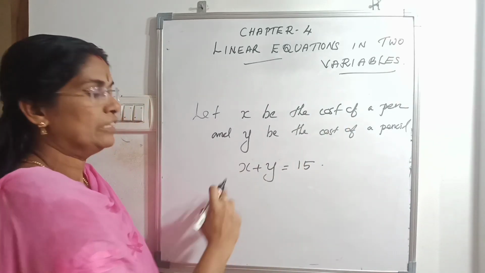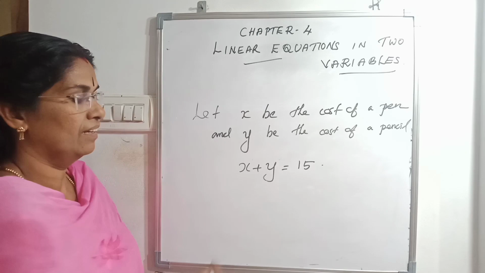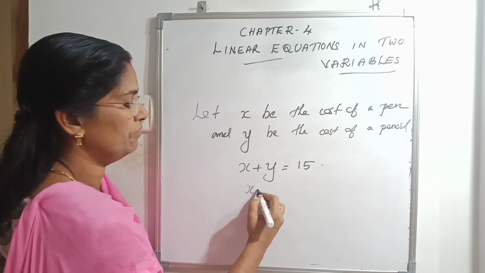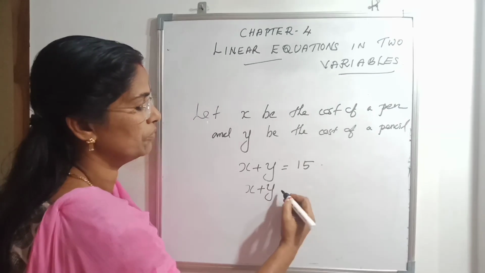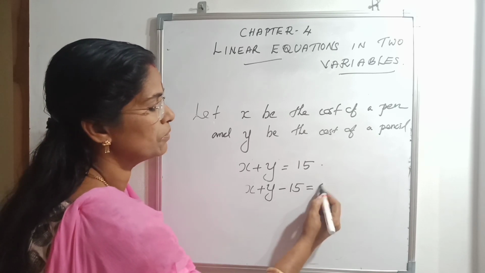Clear? So generally, for a linear equation in two variables, just take this 15 to the left side, it becomes x plus y minus 15 equal to 0.